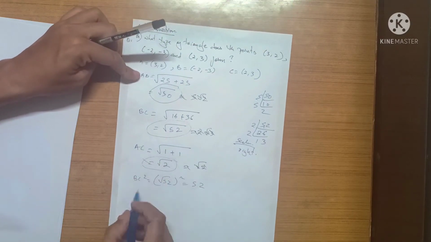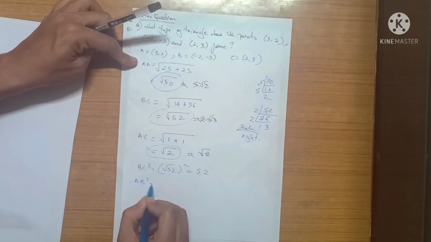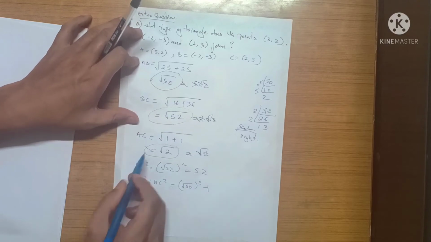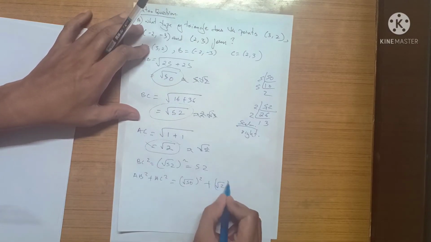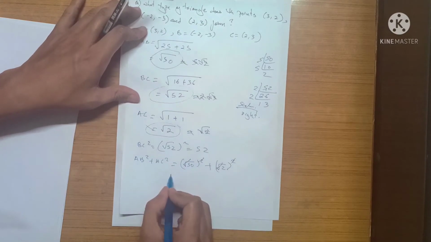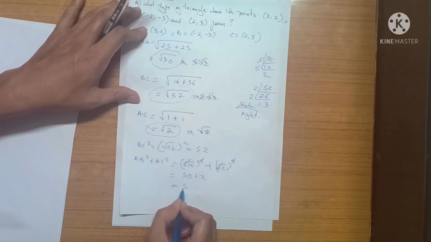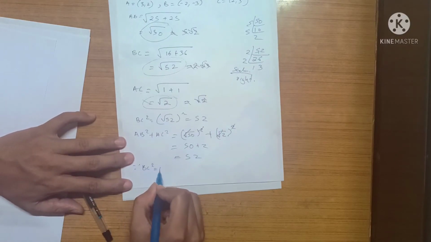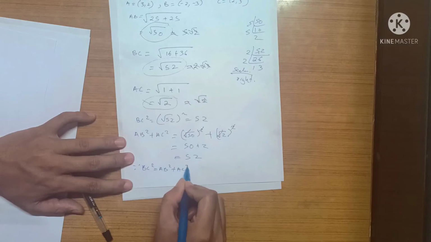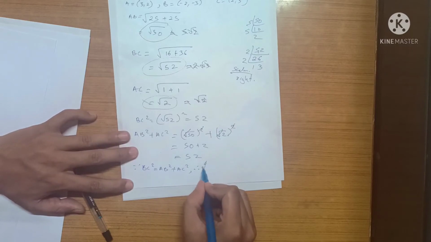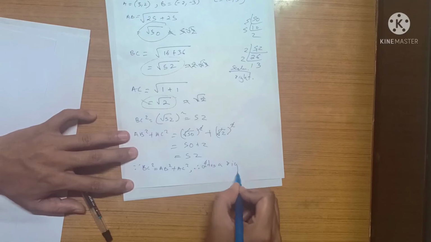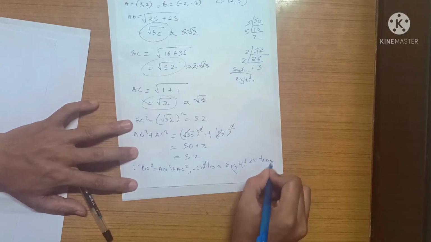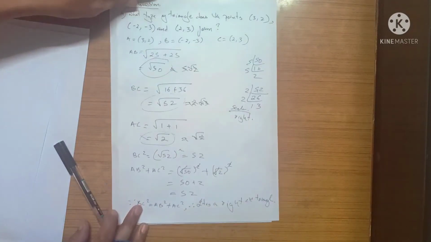Now the other two shorter sides, if you square and add them up, AB square plus AC square equals root 50 square plus root 2 square. The roots cancel, we get 50 plus 2 is 52. Since BC square equals AB square plus AC square, therefore it is a right angle triangle. Why? Because it satisfies the Pythagoras theorem. Yes, so that's it.